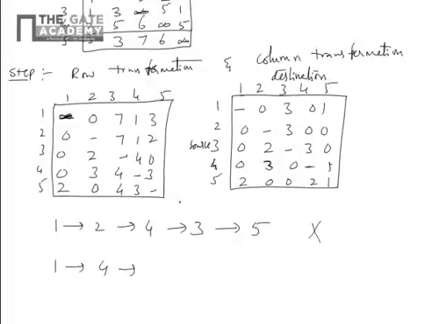From 4 you have the option only of 3, from 3 only 5, and from 5 the options are only 2 and 3. Since we already went to 3, we go to 2. From 2, since 4 and 5 are already gone, we go to 1. So this is the best allocation for the traveling salesman problem.